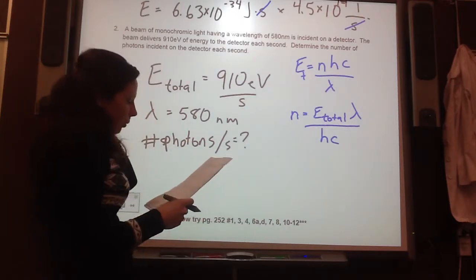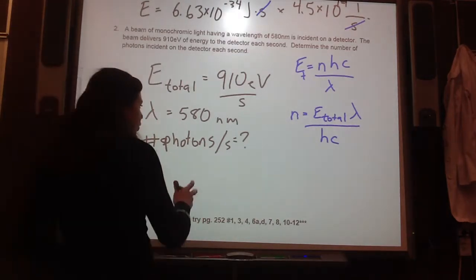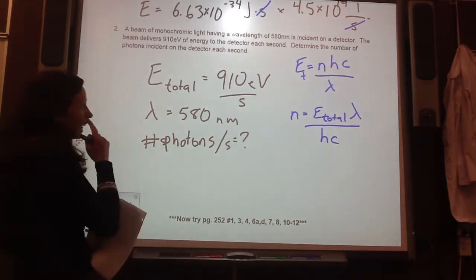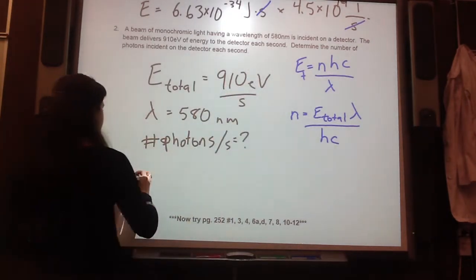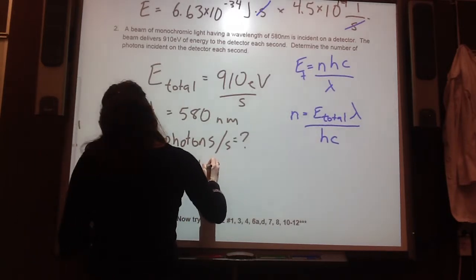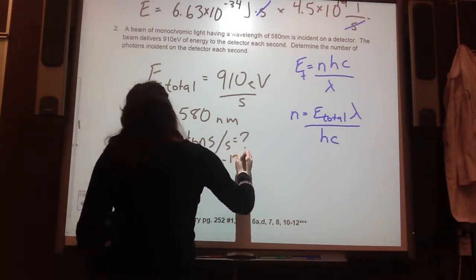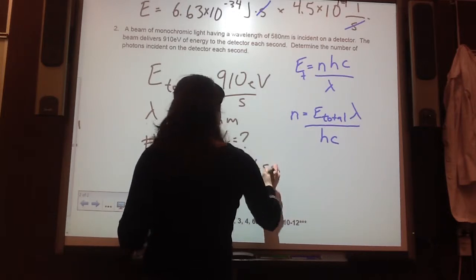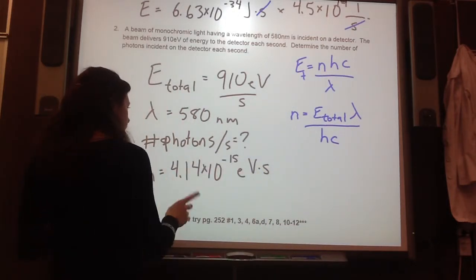Now the H that I'm going to use is the H that has eV in it, because I want to be able to cancel out these eV. So my H is 4.14 times 10 to the negative 15 eV times seconds. Okay?